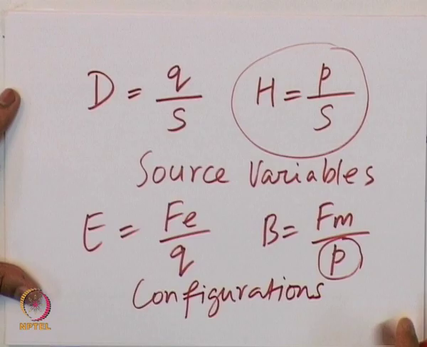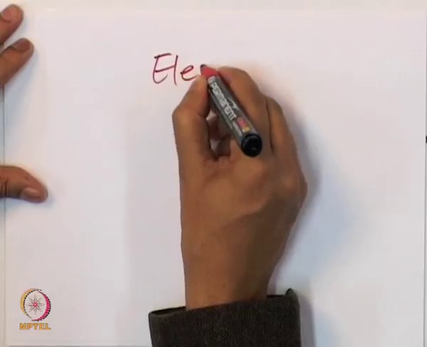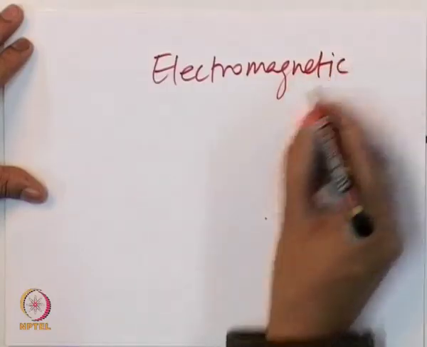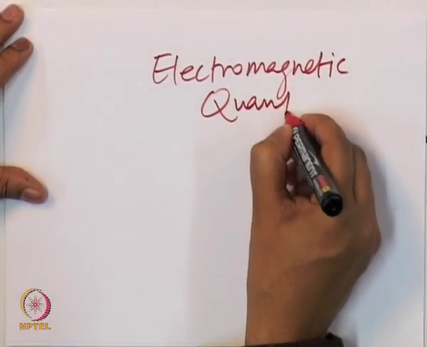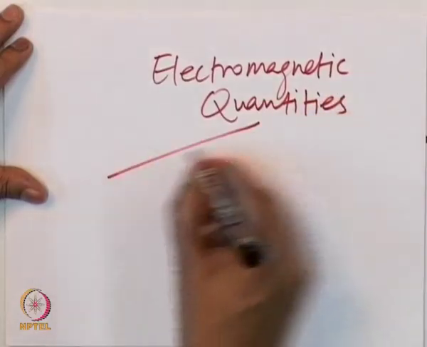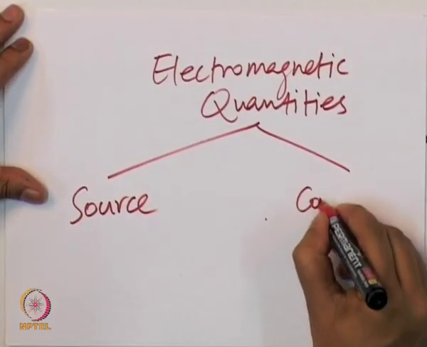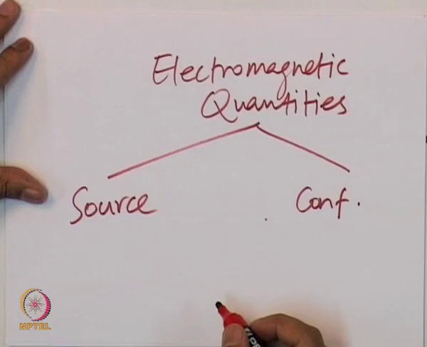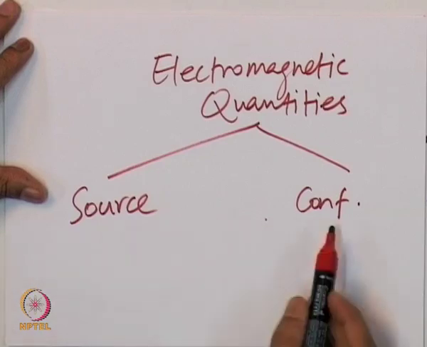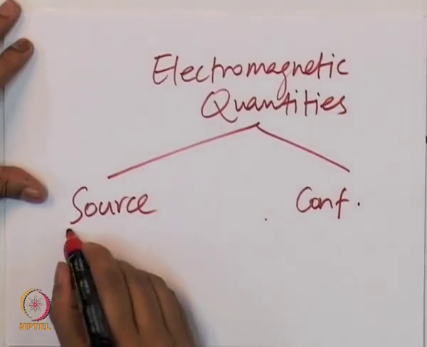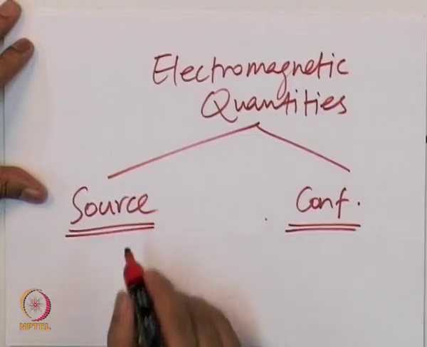So based on that, we were able to create two sets of electromagnetic quantities: source and configuration. The combination of source and configuration will also give you energy variables, but we are not interested in talking about it now. It's enough to focus only on source and configuration variables.